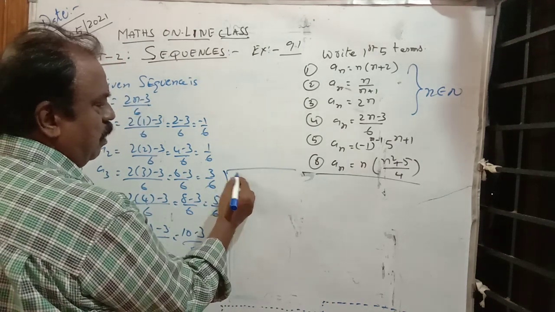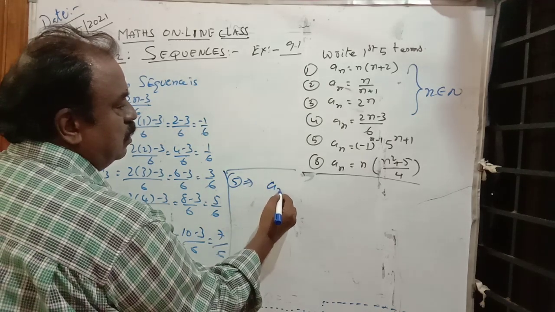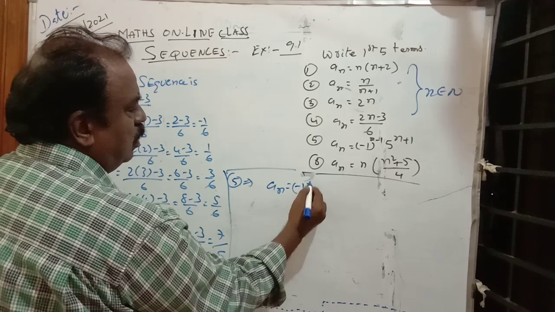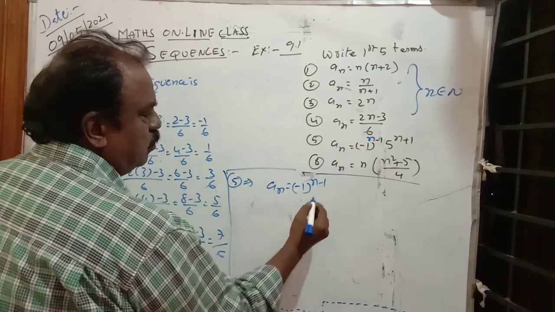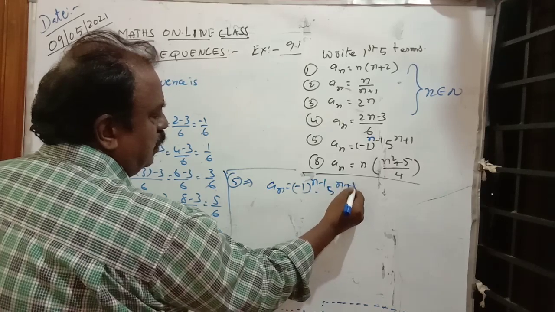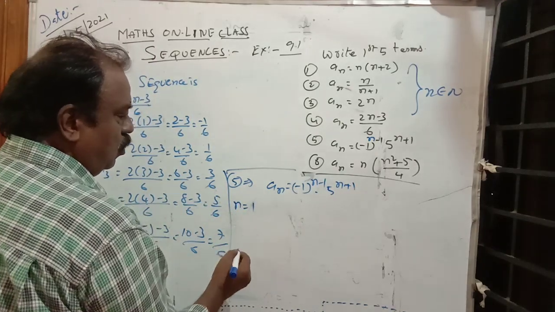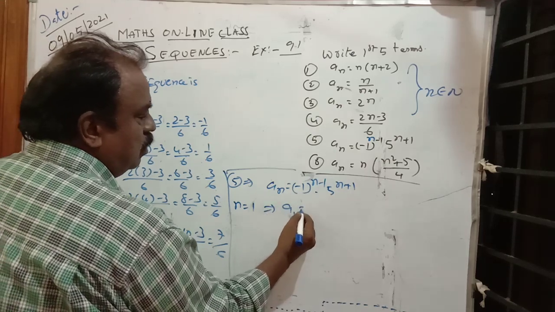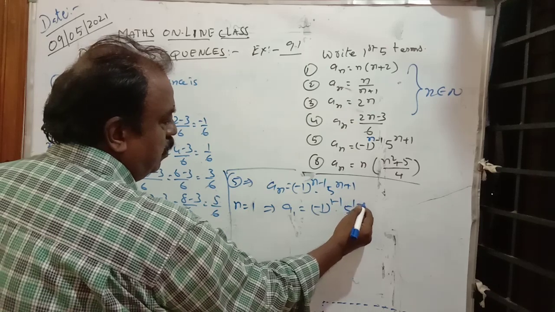Now, the fifth problem. What is the fifth problem? an is equal to minus 1 power n minus 1, into 5 power n plus 1. That is the given series. n is equal to 1 implies a1 is equal to minus 1 power 1 minus 1, 5 power 1 plus 1.